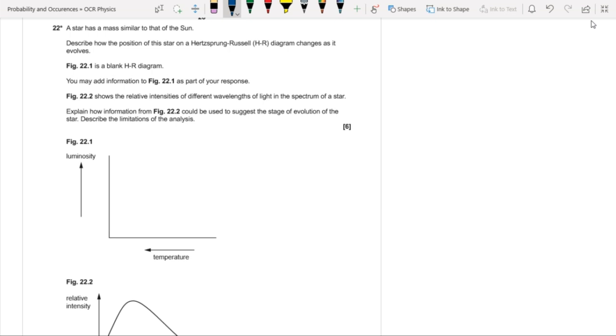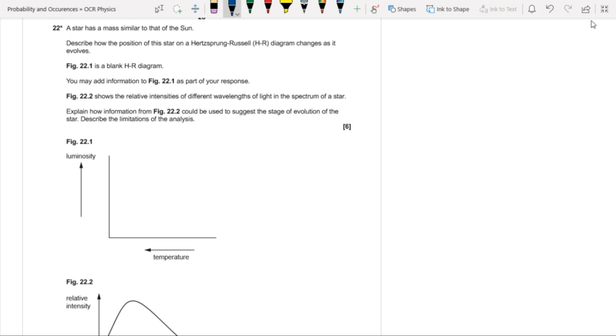And further, figure 22.2 shows the relative intensities of different wavelengths of light in the spectrum of a star. This has to do with Wien's displacement law. Explain how the information could be used to suggest the stage of the evolution of the star and describe the limitation of the analysis. So let's start with the question regarding the HR diagram.